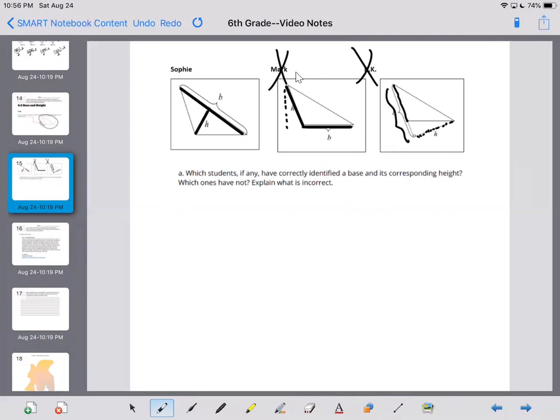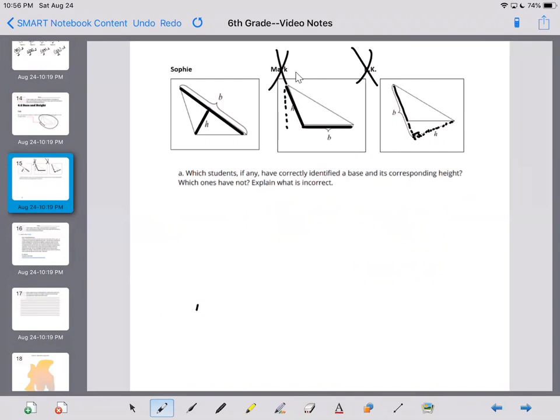Remember, she labeled this entire piece as the base. But if she would have just labeled this section as the base and kept her idea of that height going vertical outside of that triangle to make a 90-degree angle to that, she would have been correct. But KK was not with her original thought.